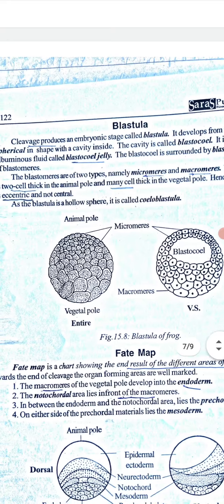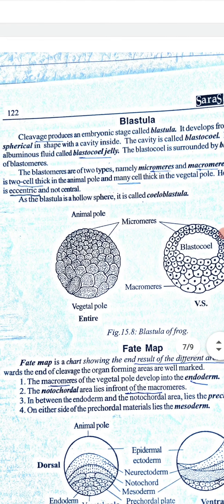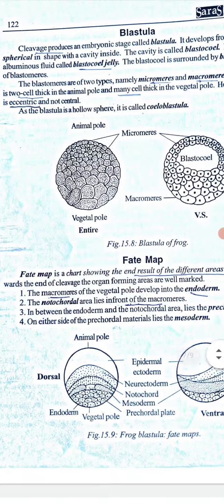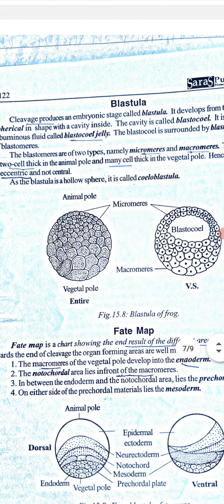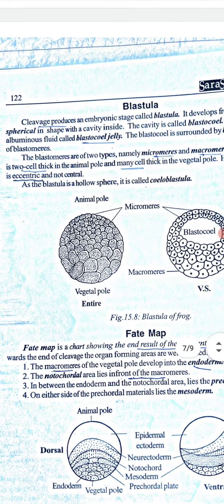Number of blastomeres are surrounded in the blastula. The blastomeres are of two types: the microscopic blastomeres present on the animal pole are called the micromeres, and large size blastomeres present on the vegetal pole are called the macromeres.